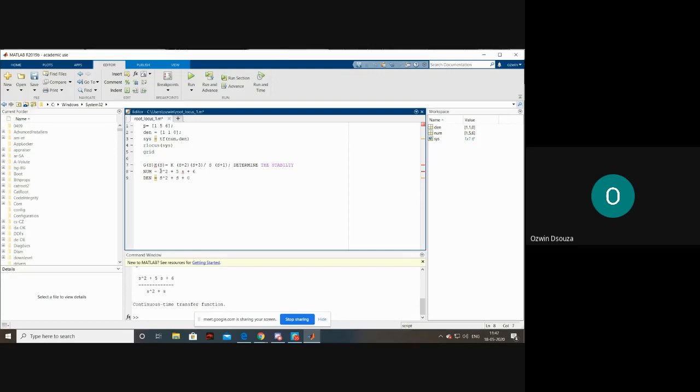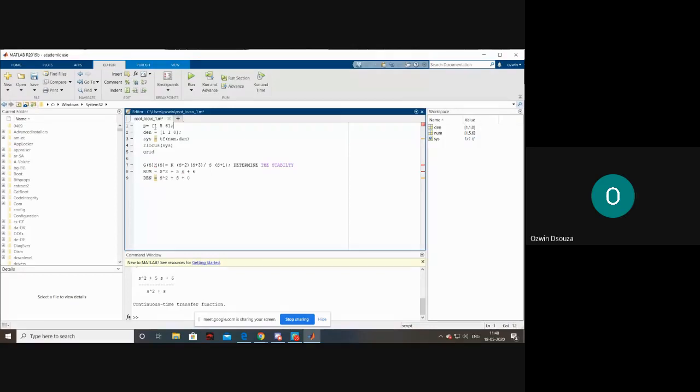The coefficient of s square is 1, the coefficient of s to the power 1 is 5, and the coefficient of s to the power 0 is 6. So we have entered here 1 space 5 space 6, and put a semicolon.